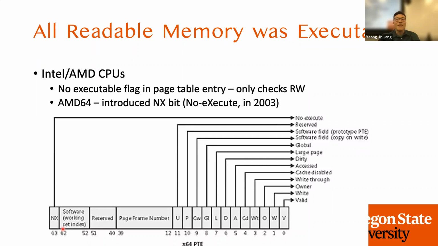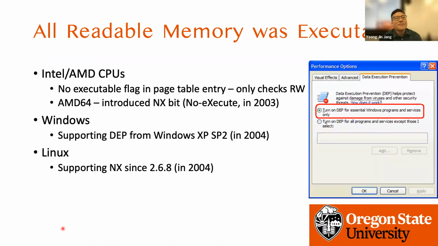So that's how we can make the stack or data area non-executable in the operating system. This was implemented first in Microsoft Windows XP in 2003 or 2004. There are options to turn DEP on or off, just for essential programs or for all programs. This is because some programs, especially some games that require high performance, use a lot of hacks internally.